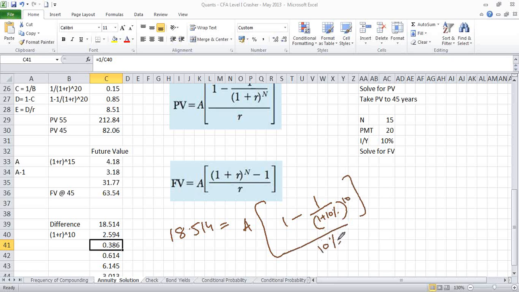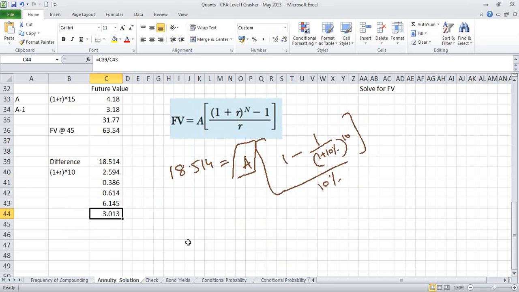We can solve this to get the answer for A, which works out to 3.01 million per annum. If you solve for this, this is 1 plus r to the power n, and this is the reciprocal of 1 plus r to the power n, which is given here.